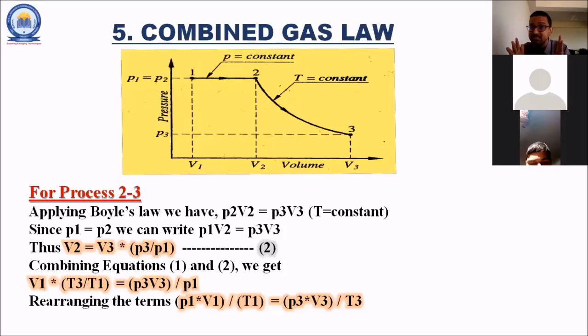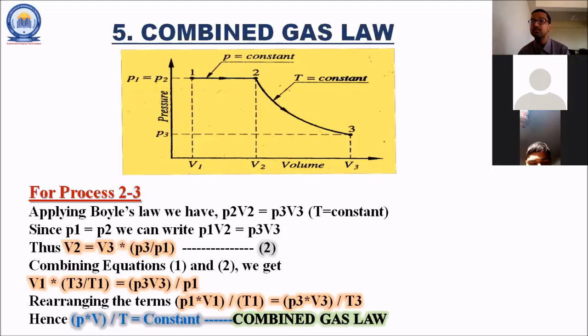So friends, for this complete process from 1 to the final state 3, we get the equation P1 V1 by T1 is equal to P3 V3 by T3. That means the initial conditions are equal to the final conditions. So now I can easily note down this equation, PV upon T is equal to constant.